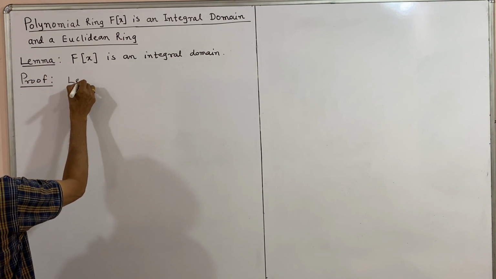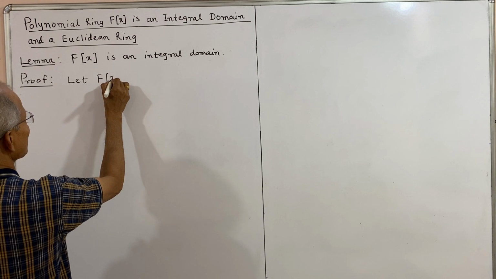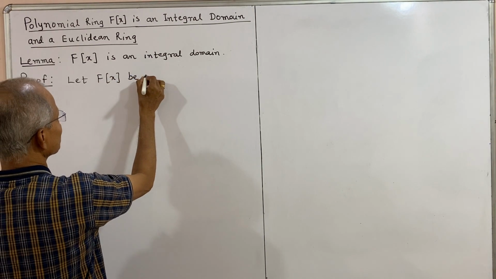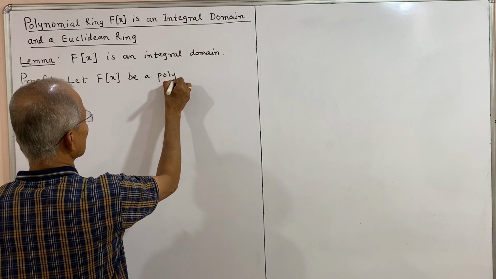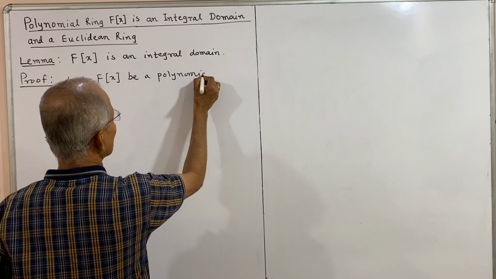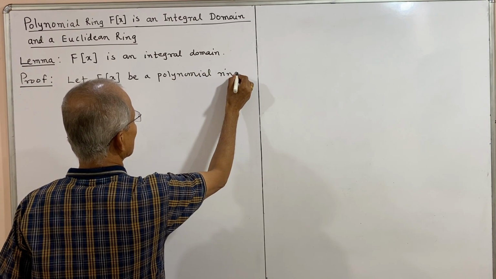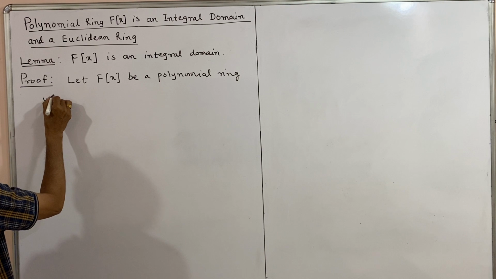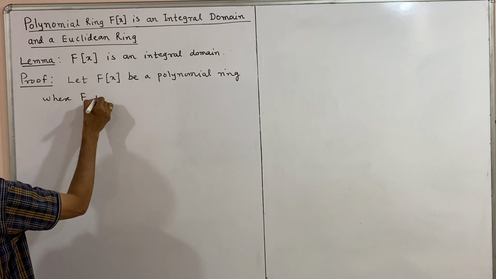Let F[x] be a polynomial ring where F is a field.